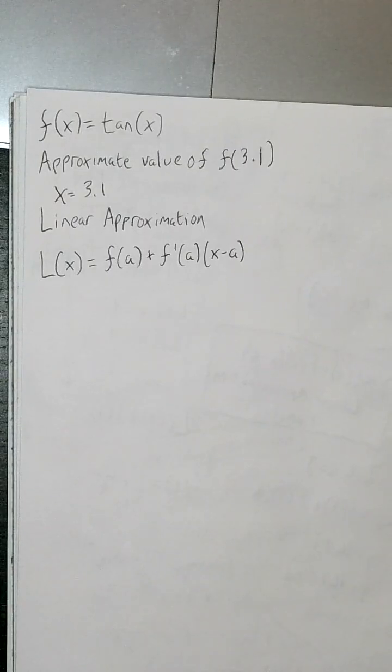I actually don't want to use 3 here. 3 is not going to give me such a nice number when I plug it in for x. But there's a better number that we can use, one that's actually closer to 3.1, and it's a really famous number.